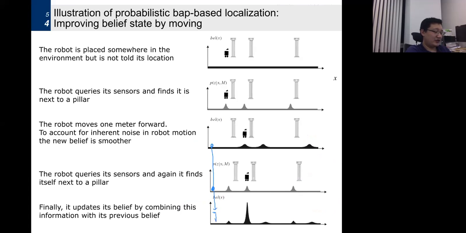And this one multiplied with the peak, I will get another peak. So this is clear, right? It's a pointwise multiplication.